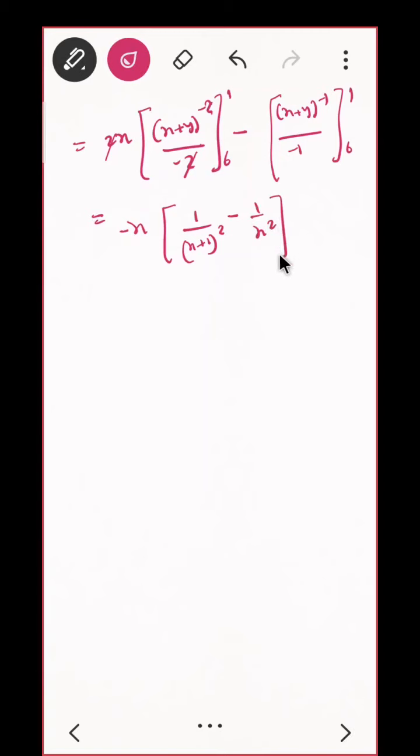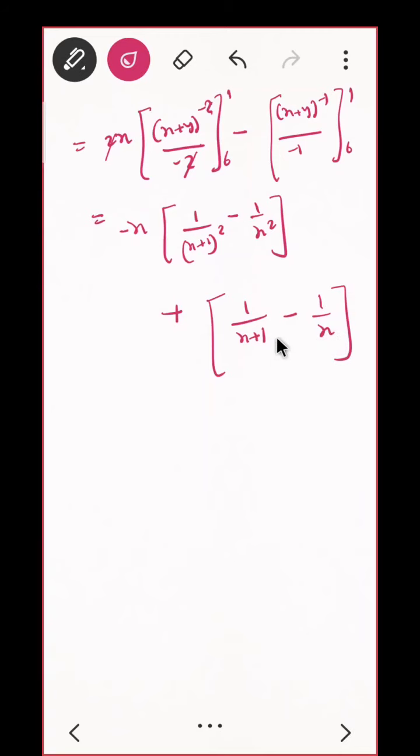Can you see that? This is the first part. And what about the second one? Again take minus outside, this will become plus. If I put 1, this will be 1 upon x plus 1 minus 1 upon x, I think. Correct?